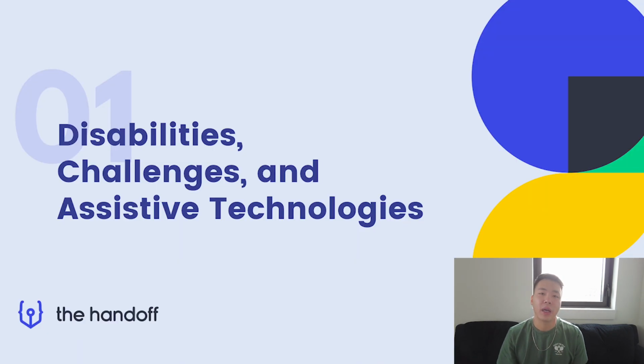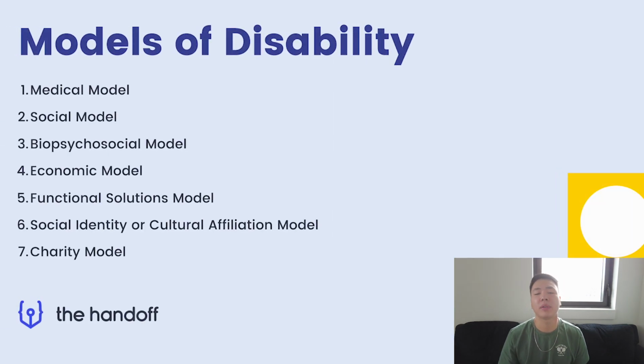So let's dive directly into section 1. So as part of disabilities and challenges related to disabilities, we'll talk a lot about the different ways that you can view accessibility and disability to begin with. So we start out by talking about these models of disability, and it's important to note that they're not mutually exclusive.